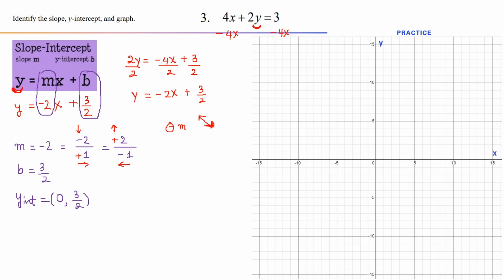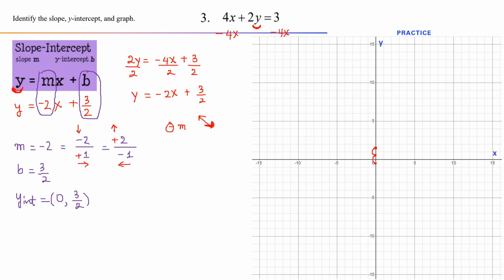Okay, let's find that. So 0, and then 3 divided by 2, that's 1 and 1/2. This point right here. Now we have to go down 2 units. So from here to here is 1, 2, 2 units.